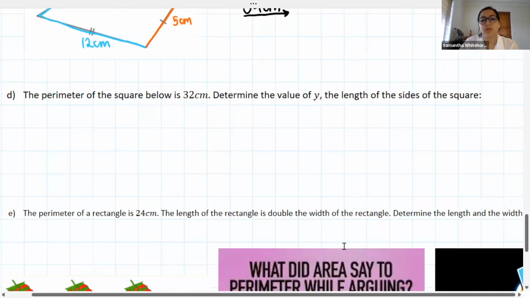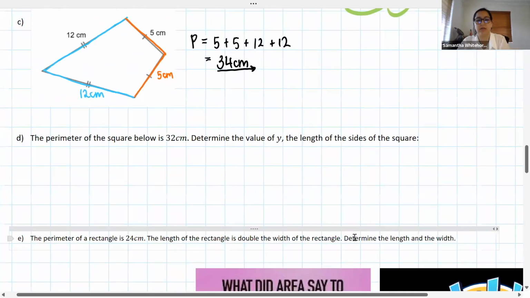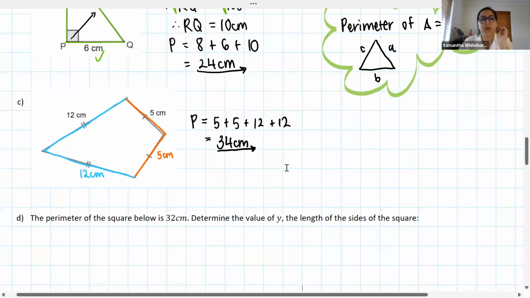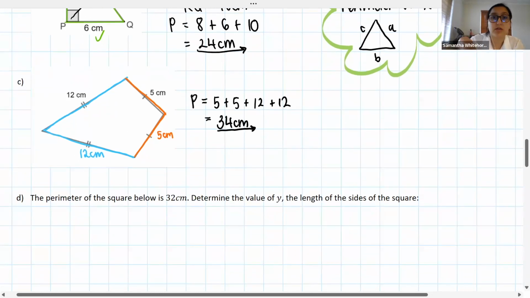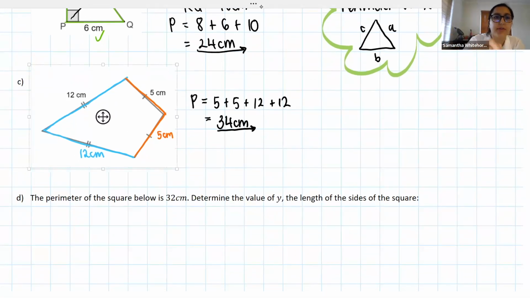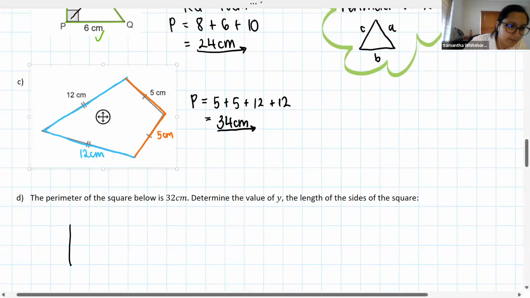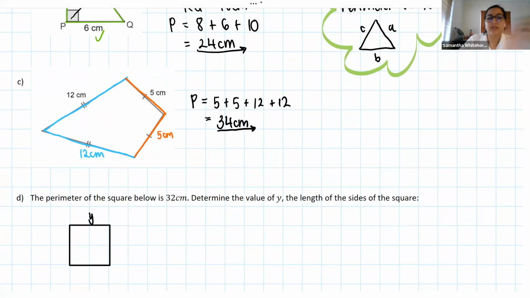So let's start with question D. The perimeter of the square below, here's our square, is 32 centimeters.